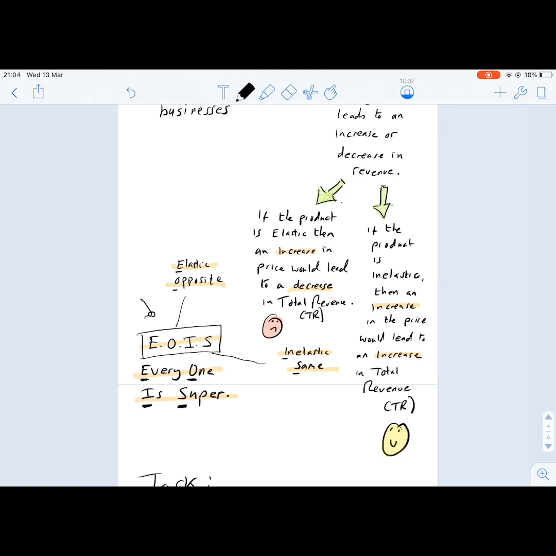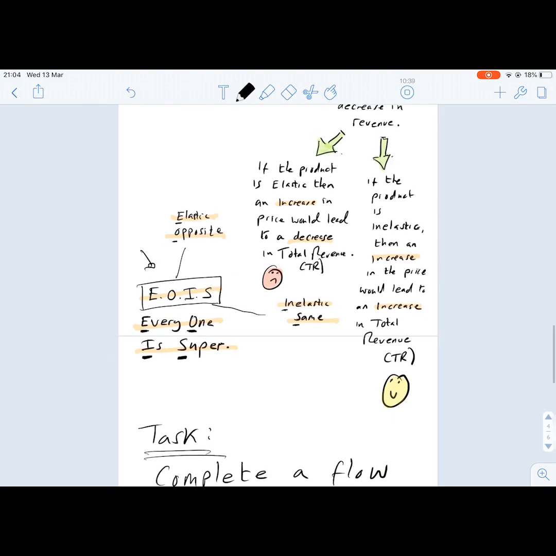However, if the product is inelastic, then an increase in the price would lead to an increase in total revenue. So if the product has a price elasticity of demand that is inelastic, if the price increases, then the total revenue will also increase. And this is because the product is inelastic.